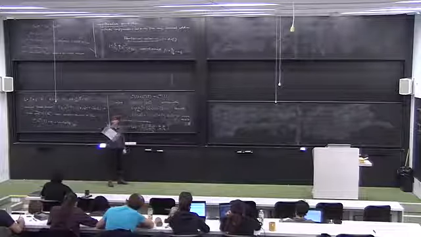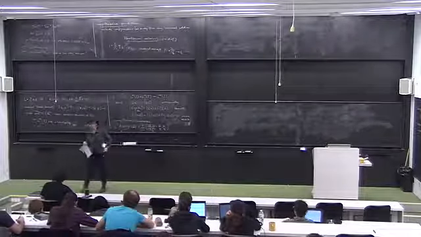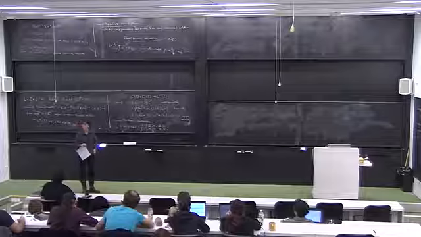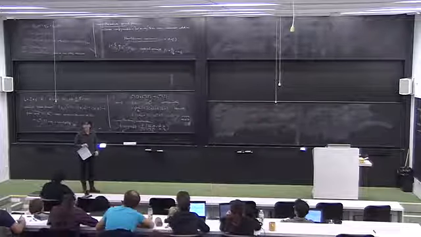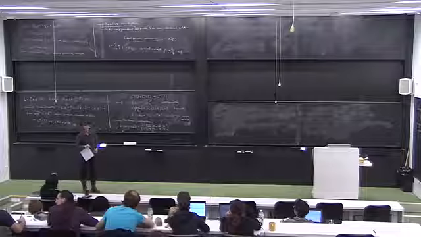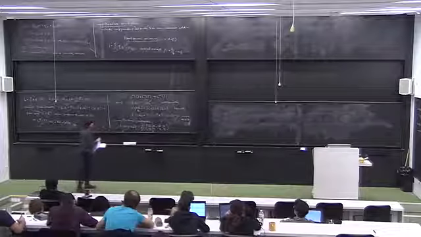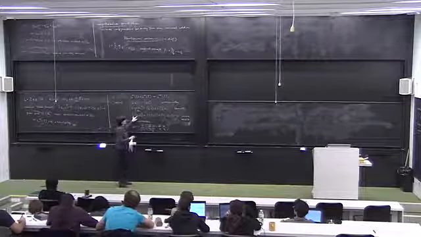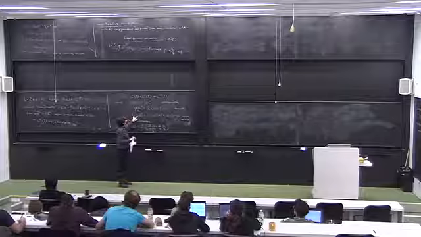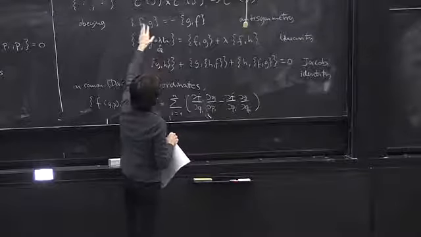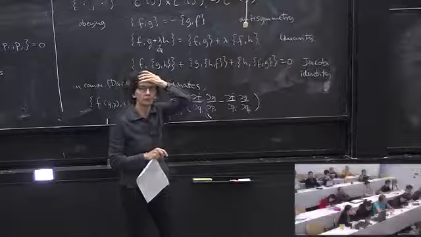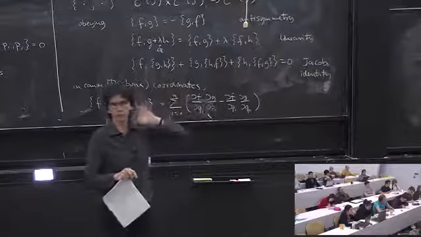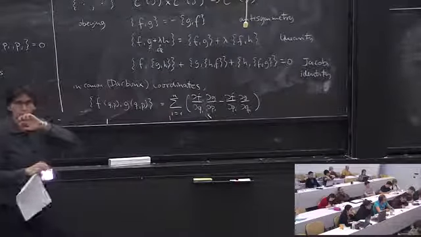Yeah, there was a question? Don't you also need the Leibniz rule? Because otherwise the Poisson bracket is not defined without the Leibniz rule. Well, these properties are probably not enough. I'm already, of course, sitting on a space of functions, and multiplication is already defined on this space of functions.